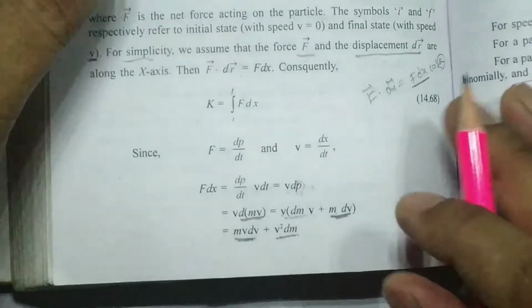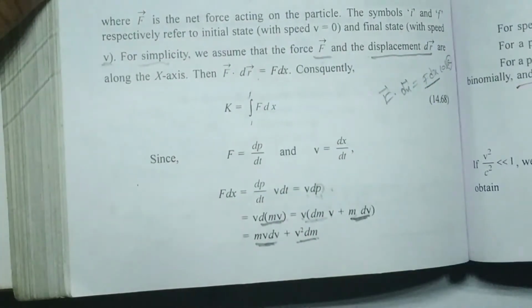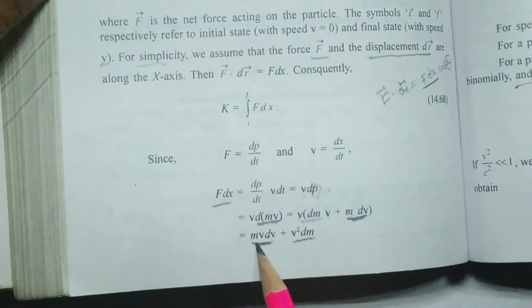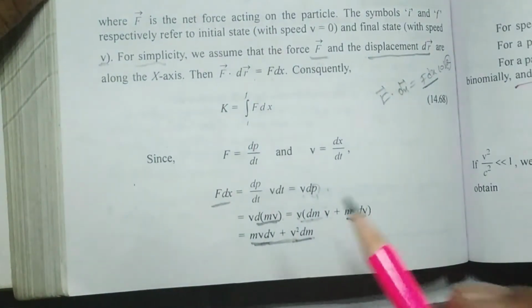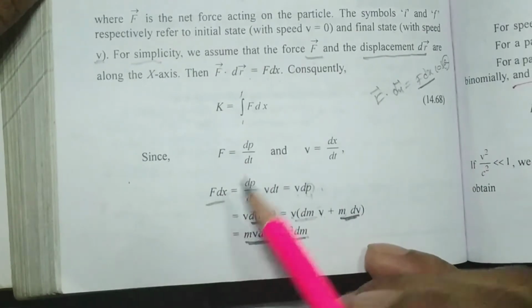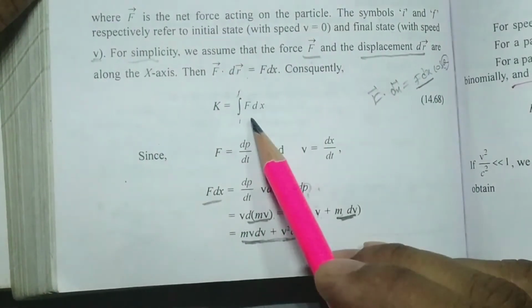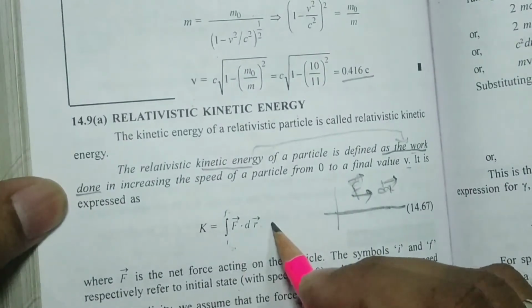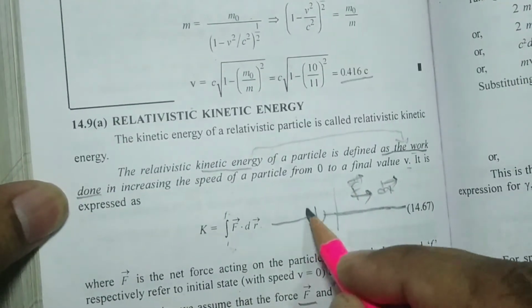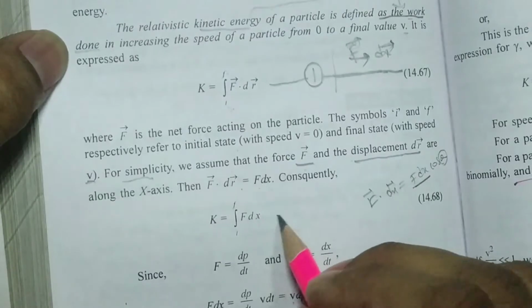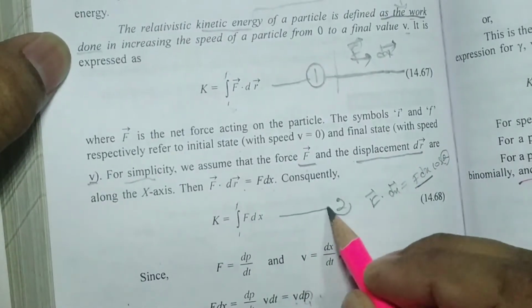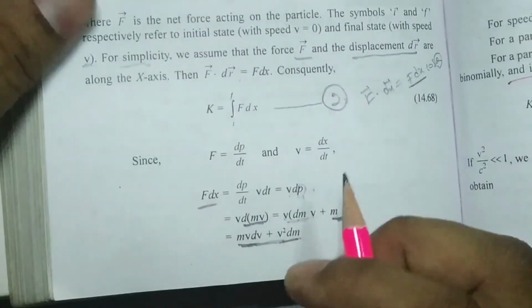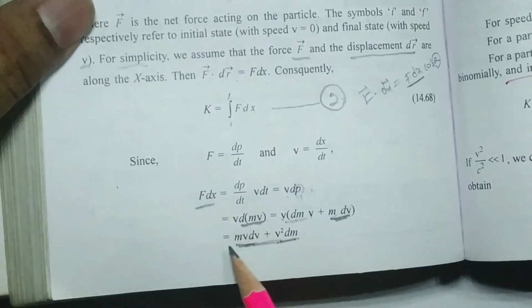Now we found that F dx is this much, so we have to put this F dx value here. K equal to this much, let this be equation number 1. Let this be equation number 2. Now F dx we found as this one, which is equation number 3, F dx equals mv dv plus v squared dm.